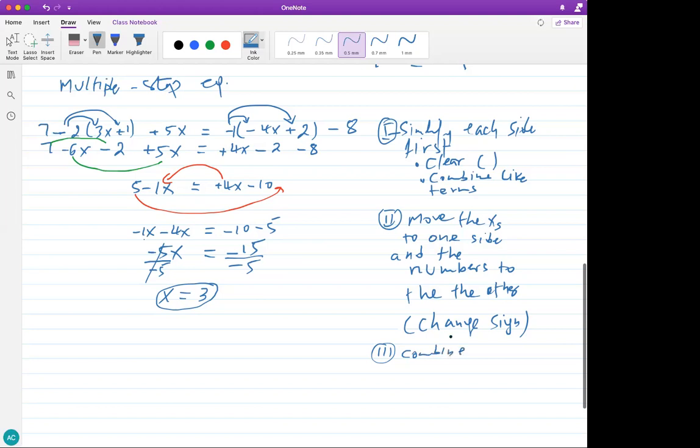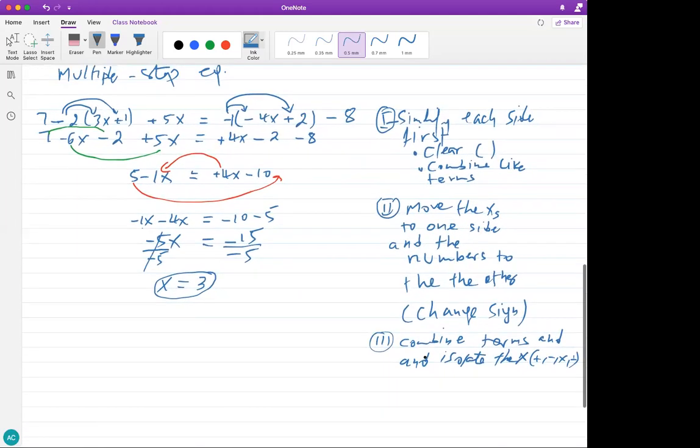Combine like terms, like we did here. And isolate the x, meaning get the x by itself. You may have to divide or multiply, subtract, whatever. Use one of the properties of first degree equations. These are the properties: multiplication, subtraction, or division.